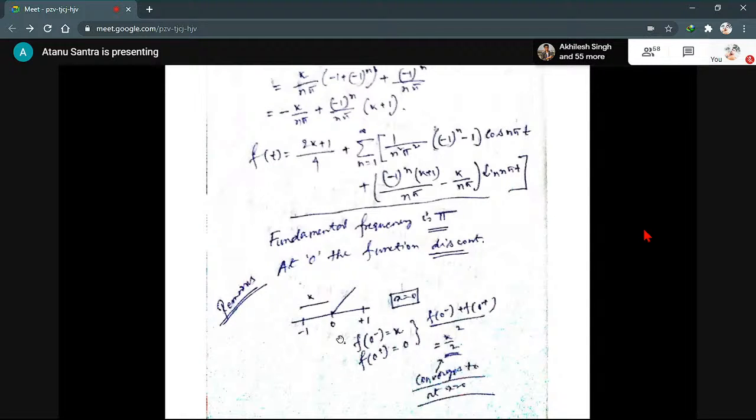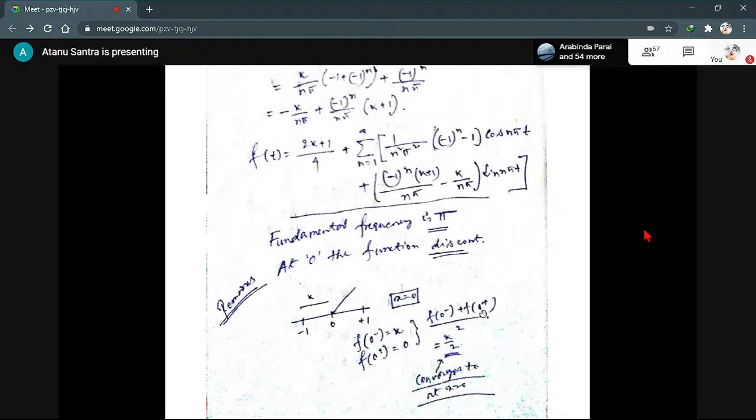We cannot determine the value directly, right? So mathematically it has been proved that at the point t equal to 0, or at the point of discontinuity, the function converges to the average of f(0 minus) and f(0 plus).